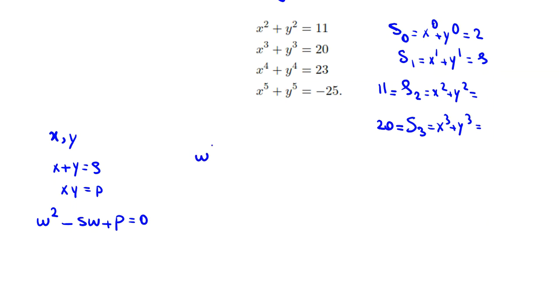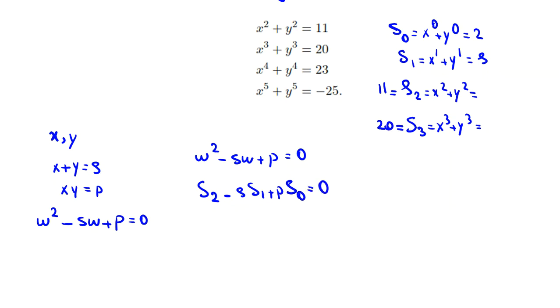Look, I said w squared minus s w plus p equals 0. And in Newton's sum method, I've told you that you can replace it with S2 minus s S1 plus p S0 equals 0. Sorry, here we should write p S0. Okay, so if I correct this, it equals 0.